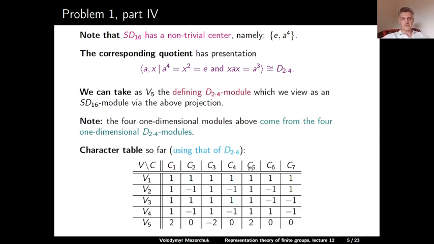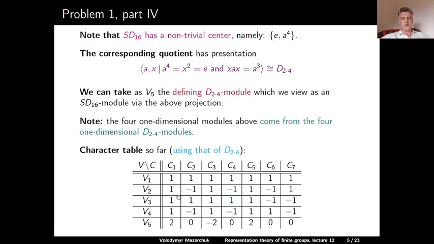So in particular, we see that the center is the union of the conjugacy classes C1 and C5. For these two conjugacy classes, the characters, of course, coincide, because on all these modules, the identity and a to the power 4 act as the same linear transformation. The trivial module has a trivial character, all ones.